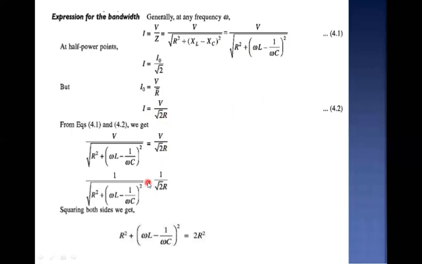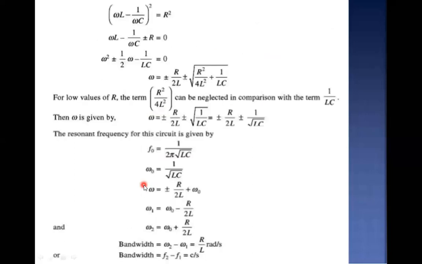If you solve this, finally, substituting the value as plus and minus, we will get F naught is equal to 1 upon 2 pi under root LC. And the bandwidth is nothing but W2 minus W1 is equal to R by L radian per second, or we can say that it is F2 minus F1 cycles per second.